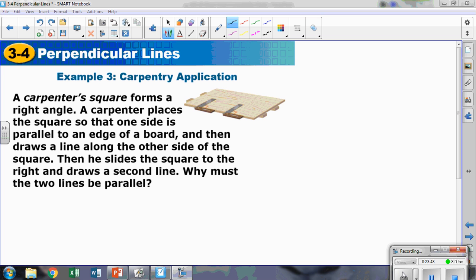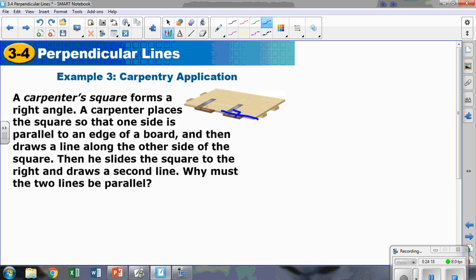Fortunately, our last example types are simpler than that, but we do get to see how this stuff is used in action and where it actually shows up in the real world, if you will. Like carpentry. If you're using a carpenter square, it's used for drawing a 90-degree angle. You put down a carpenter square along a piece of board, and it creates a 90-degree angle.